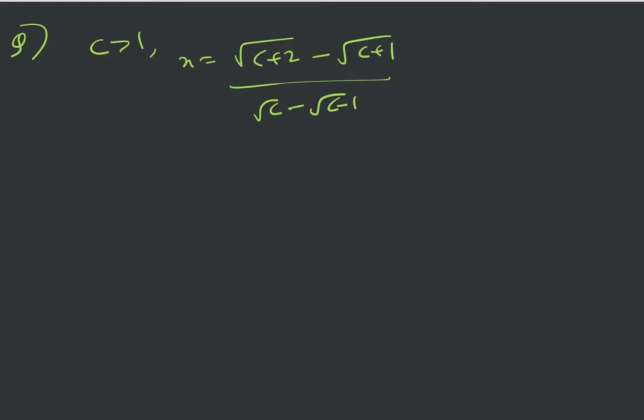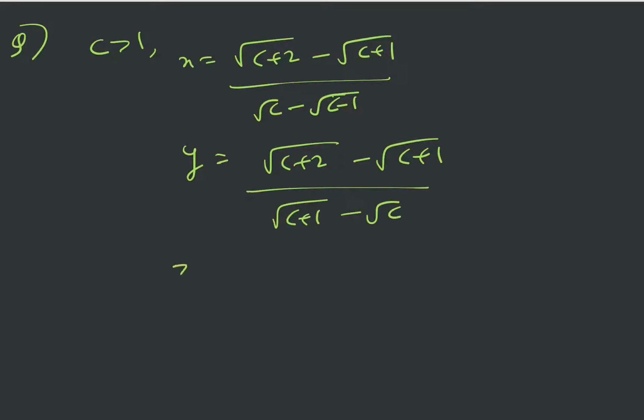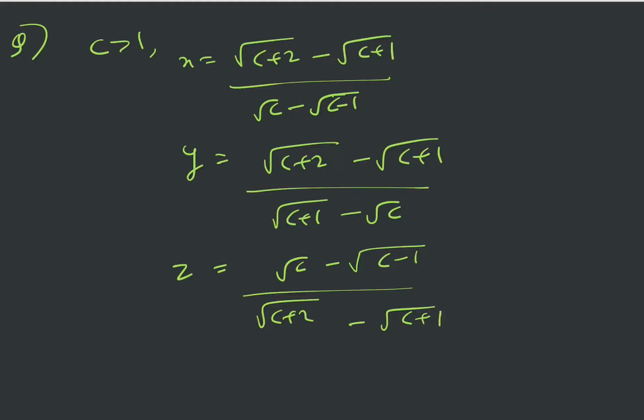Yes, so let us try to solve the next problem. So the question is that it is given c is greater than 1 and x is square root of c plus 2 minus square root of c plus 1 by root c minus root c minus 1, and y is given as square root of c plus 2 minus square root of c plus 1 by square root of c plus 1 minus square root c, and z is given as root c minus 1 by root c plus 2 minus root c plus 1.